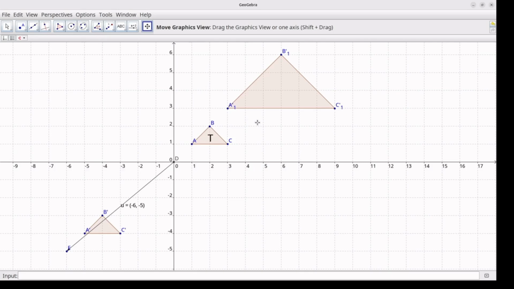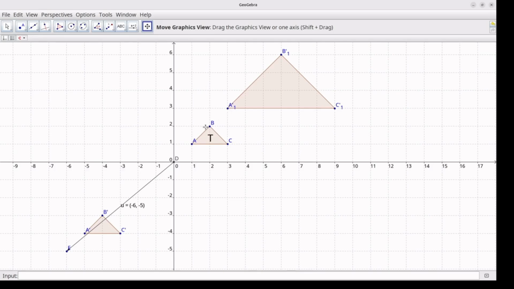If the center of enlargement is (0, 0), then from (0, 0) we will need to go 3 units to the right, that's 1, 2, 3, and then 3 units up, that's 1, 2, 3, and we get the first coordinate.